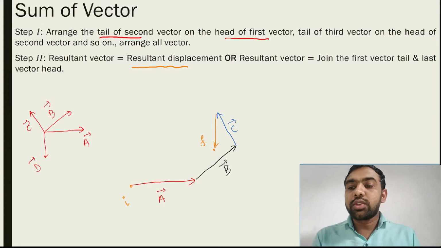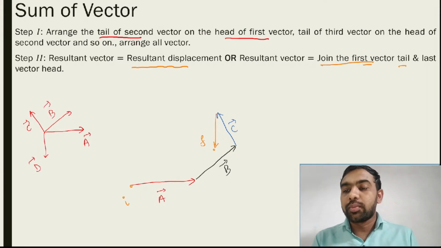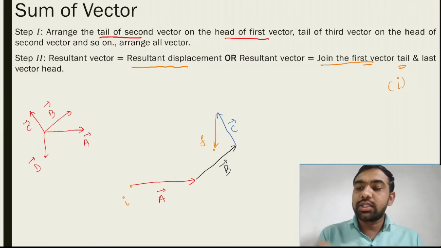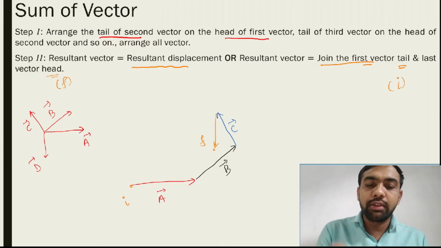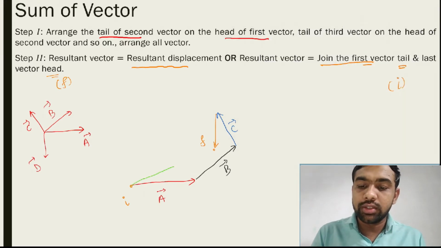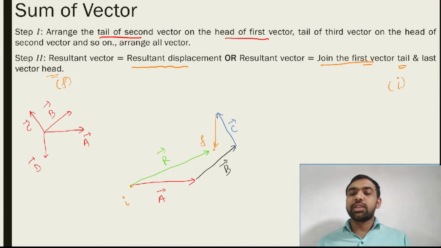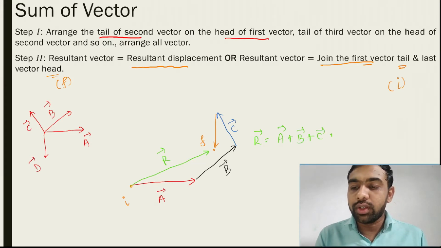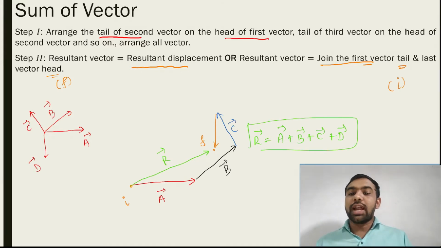The resultant vector joins the first vector's tail, the initial point, and the last vector's head, the final point. This is the resultant R, so R is equal to vector A plus vector B plus vector C plus vector D. This is the standard method to find the resultant vector.